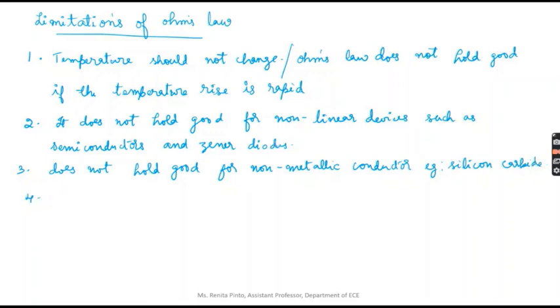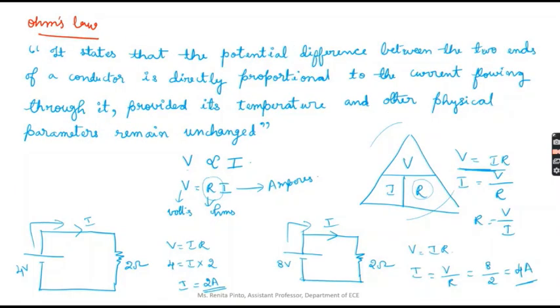Next, Ohm's law cannot be applied for arc lamps. So these are the limitations of Ohm's law and the Ohm's law statement.